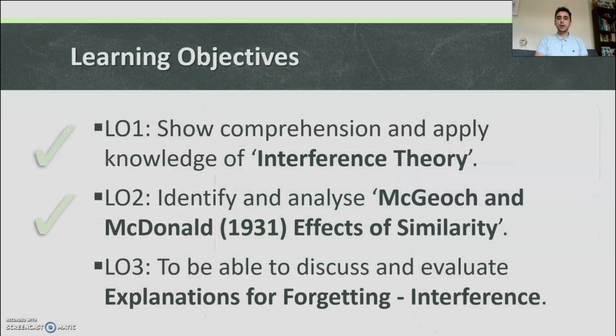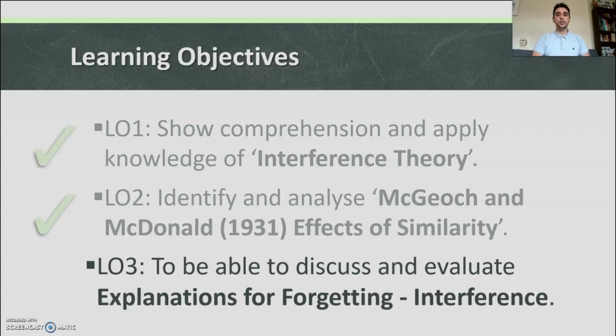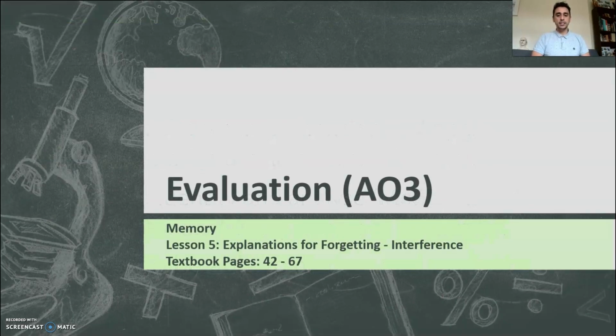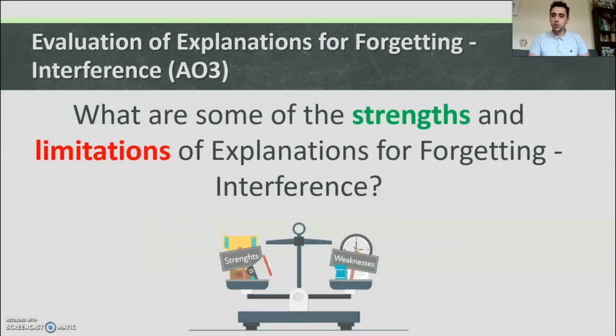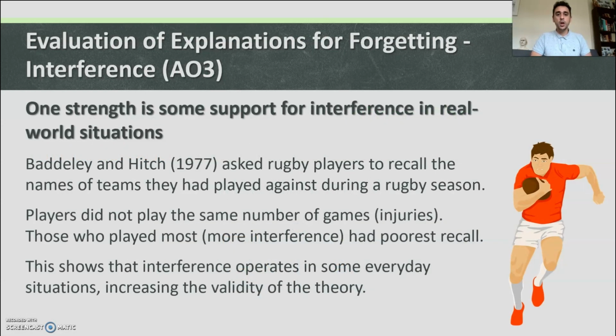Finally, learning objective 3, to be able to discuss and evaluate explanations of forgetting: interference. Let's have a look. What are some of the strengths and limitations of explanations for forgetting interference? One strength is some support for interference in real-world situations. Baddeley and Hitch in 1977 asked rugby players to recall the names of teams they had played against during a rugby season.